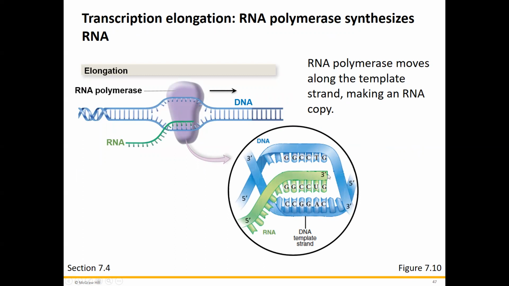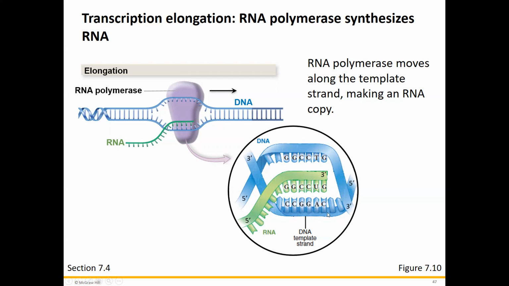RNA is going to have to be anti-parallel exactly like the two DNA strands are. And the RNA polymerase is the one who brought the complementary base to pair up with the base in the gene. C to G, A to U, C to G, C to G, right?